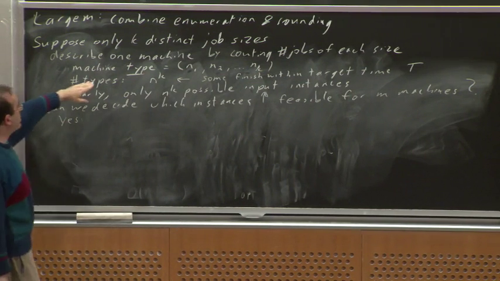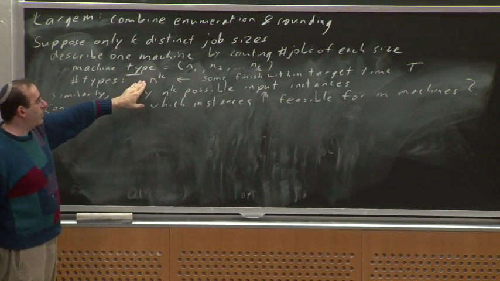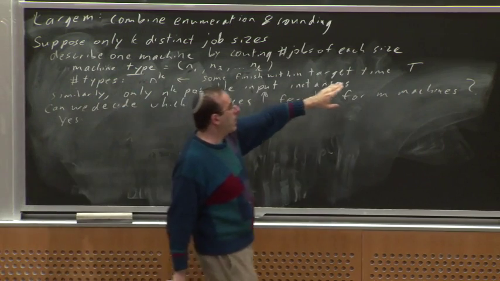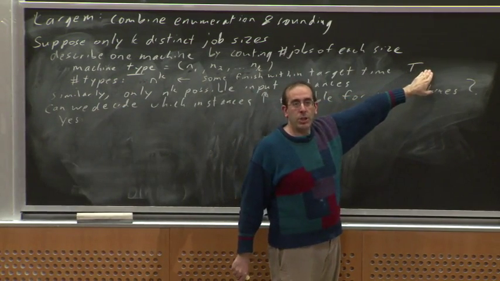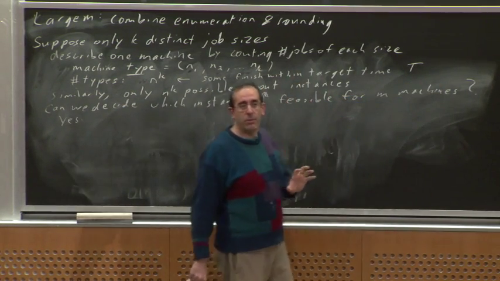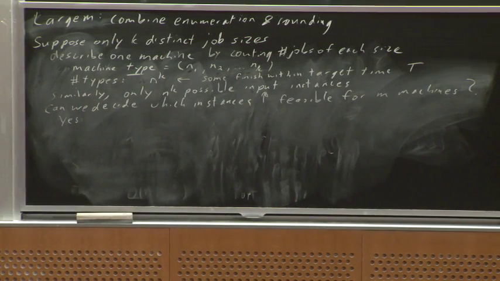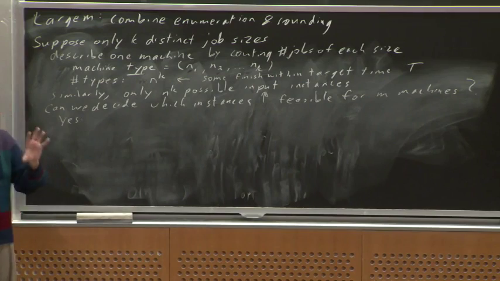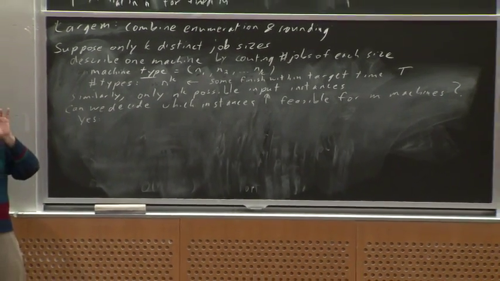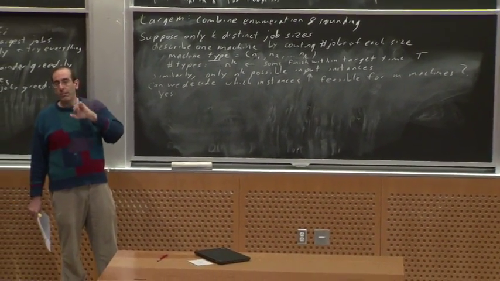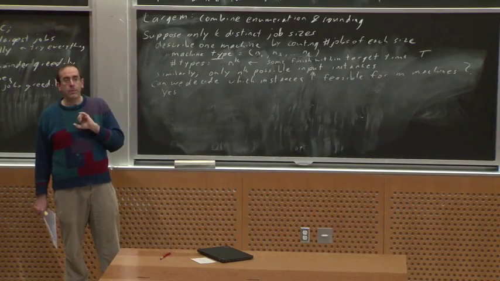So some combinations of jobs have total processing time less than t. And so if we put them all on one machine, then we can finish all of those jobs within time t. Okay? And those are the machine types that I'm going to pay attention to, combinations of jobs that can be completed in time t. Okay?